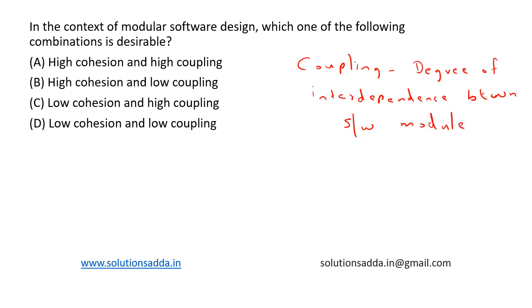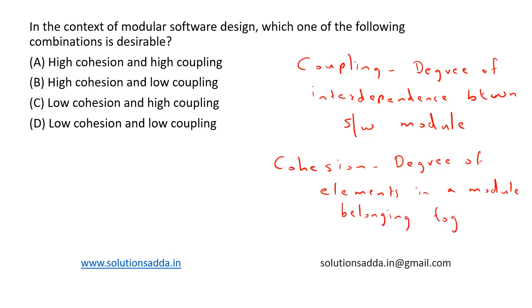This is coupling. What is cohesion? It is the degree to which the elements of a module belong together. So degree of elements in a module belonging together.